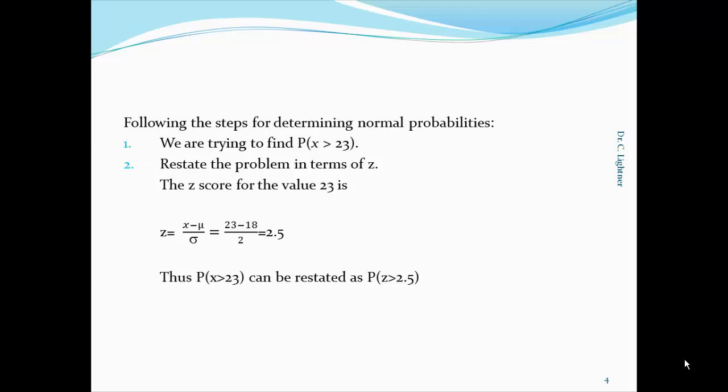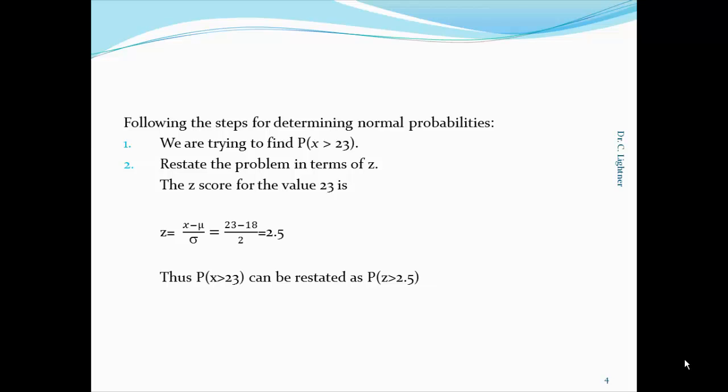We first begin by stating our problem in terms of x. For our problem, we are trying to compute the probability that x exceeds 23. We then restate our problem in terms of its corresponding z-scores.